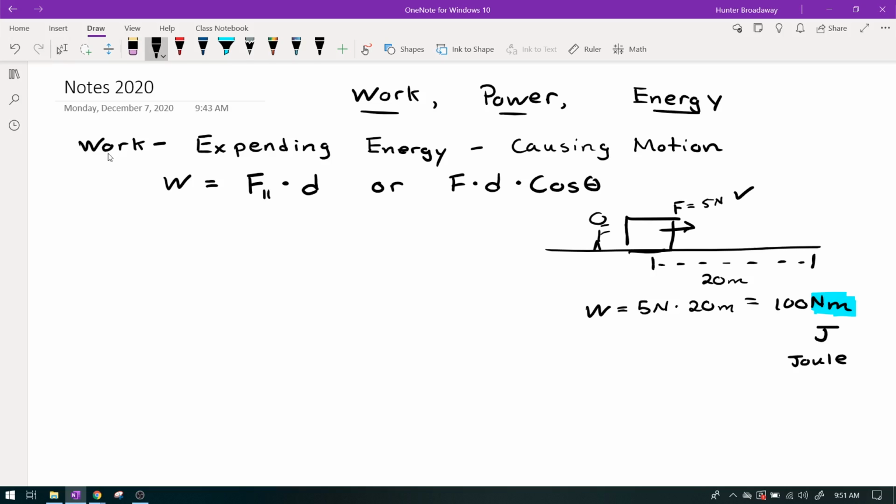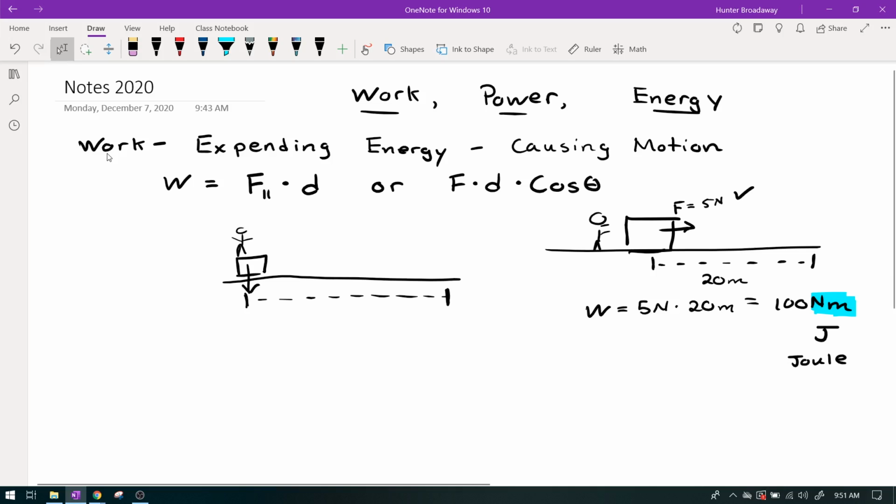Now, let's look at the wrong way to apply a force times distance. So if the distance is right here, going this direction, and you've got a box here, you can't stand on top of the box and push it downwards and expect it to move. You can ask yourself this question: am I exerting a force on the box? Yeah, absolutely.